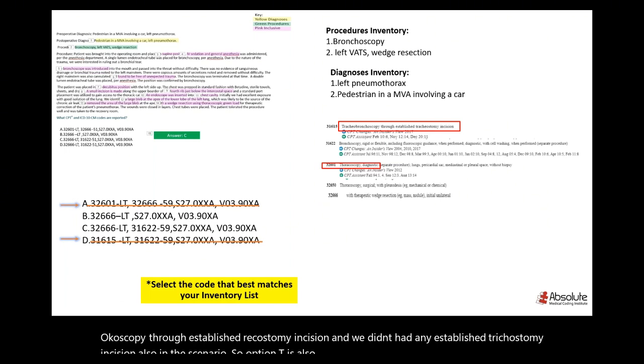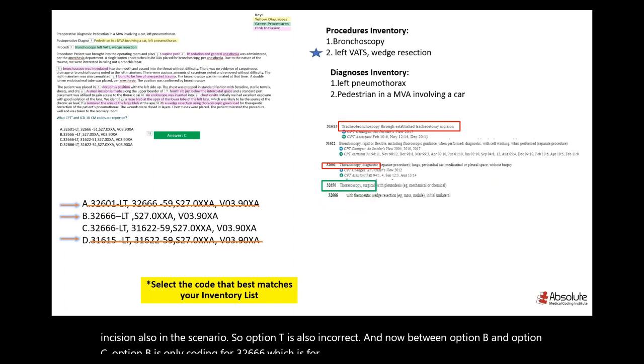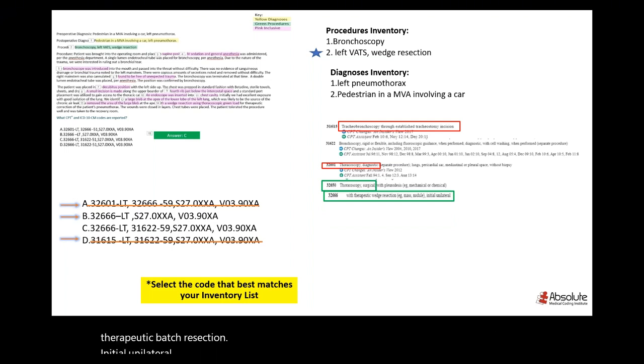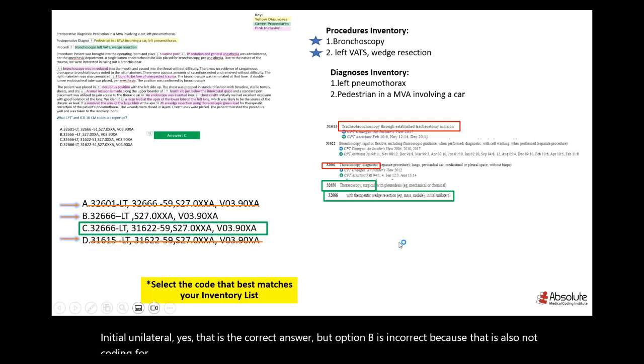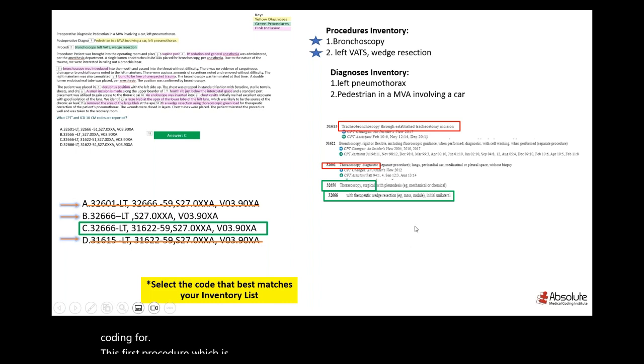And now between option B and option C, option B is only coding for 32666, which is for a thoracoscopic surgical with therapeutic wedge resection, initial unilateral. Yes, that is the correct code, but option B is incorrect because it is not coding for the first procedure, which is the bronchoscopy performed.